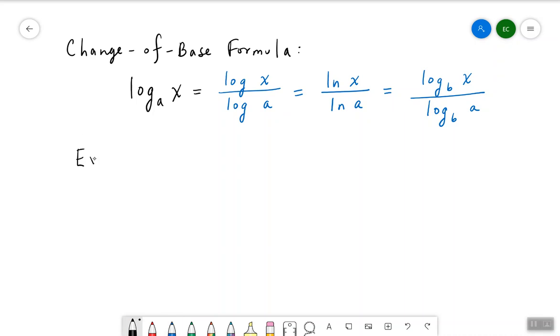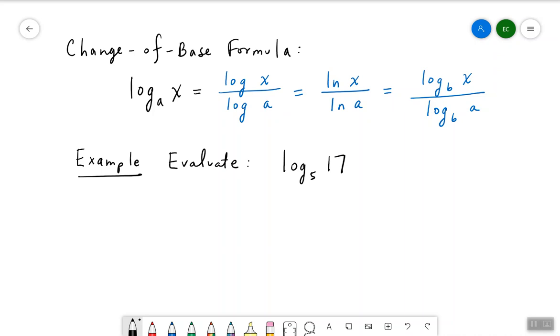Our example will be to evaluate the log base 5 of 17, and we'll need a calculator to do that, right?